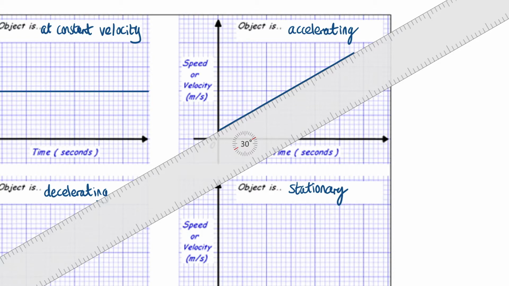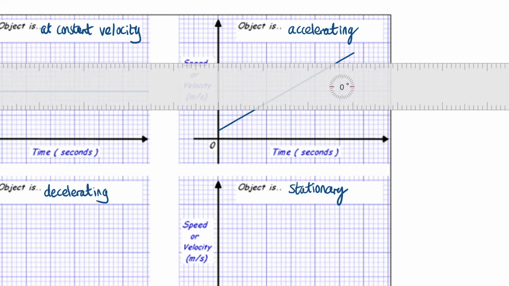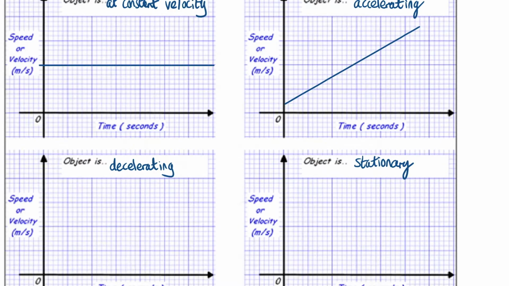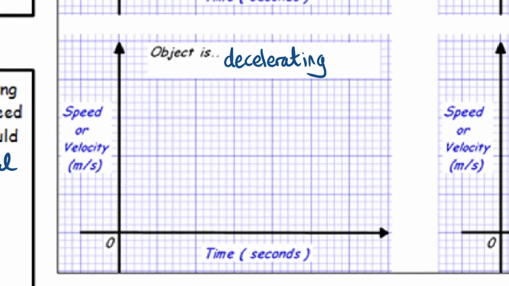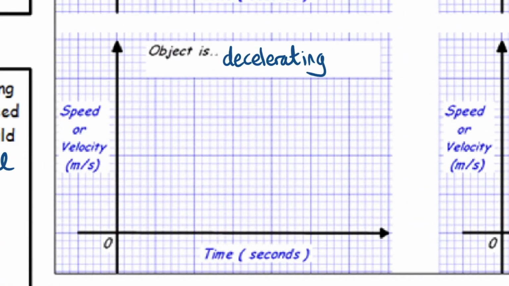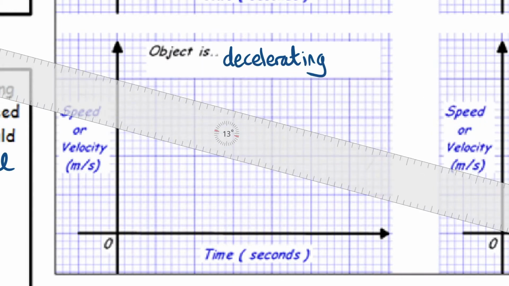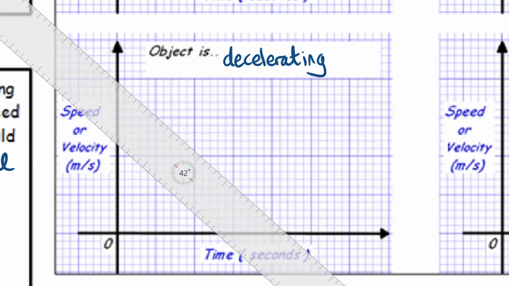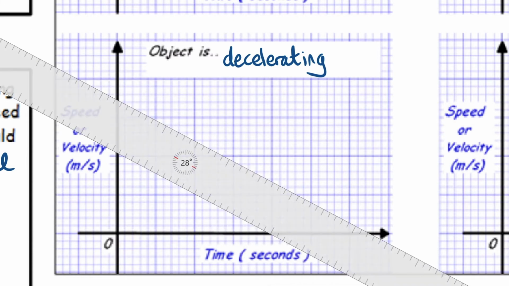The steeper the slope, the larger the gradient. You've learned that in maths. Decelerating, that means that the speed is getting less with time. It's decreasing with time. And similarly, the steeper the gradient, the larger the deceleration.